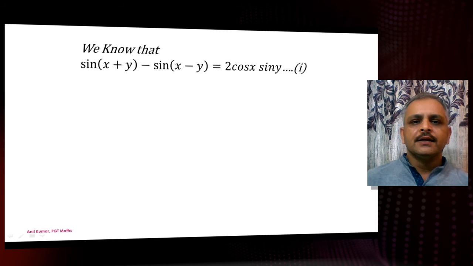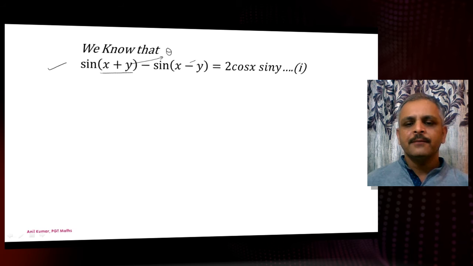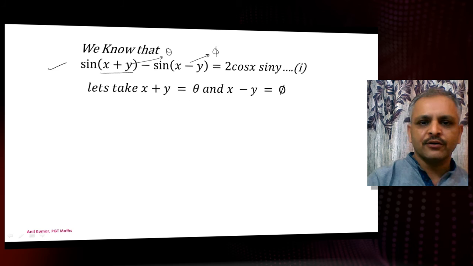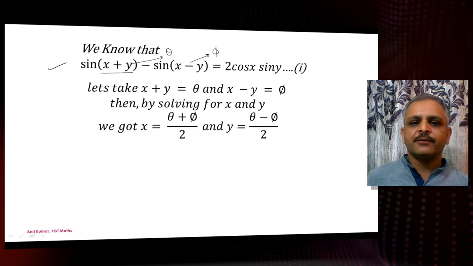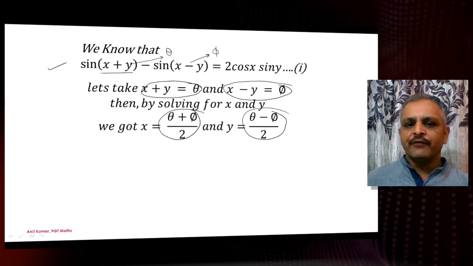For the second identity, let's take the second defactorization formula, that is sin(x+y) - sin(x-y). Again we will do the same thing. We take x+y equal to theta and x-y equal to phi, and solve for x and y. We'll get x equal to (theta+phi)/2 and y equal to (theta-phi)/2. So let's put these values in equation number 1.